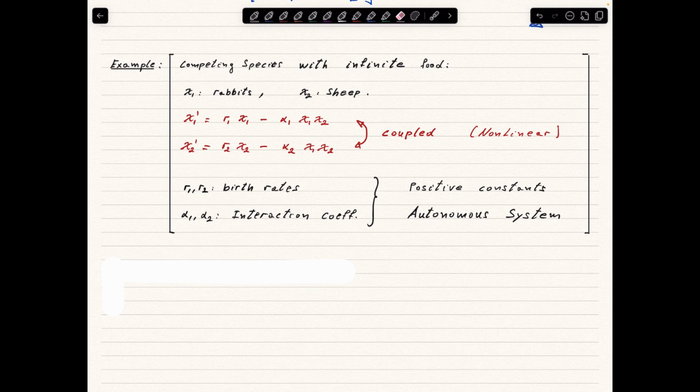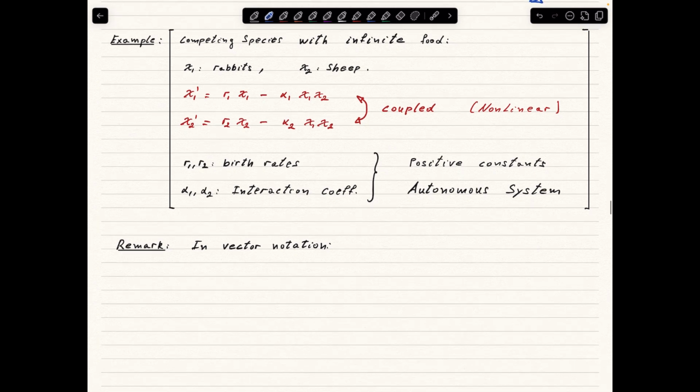The system, which is written in components up there, can be written, of course, in vector notation as follows. It's going to look like this. x dot is going to be equal to f, a vector which is a function of the variable x.